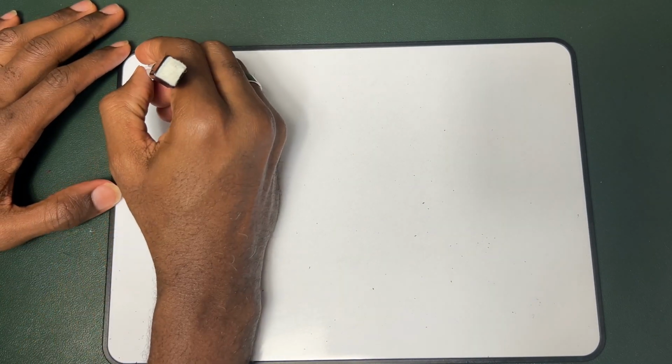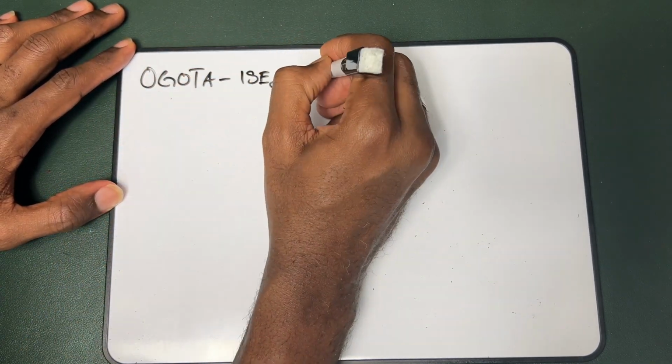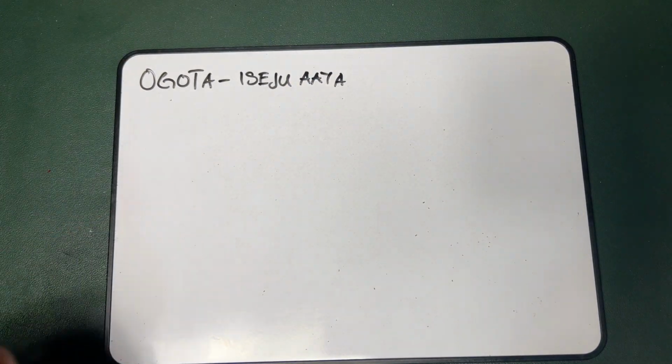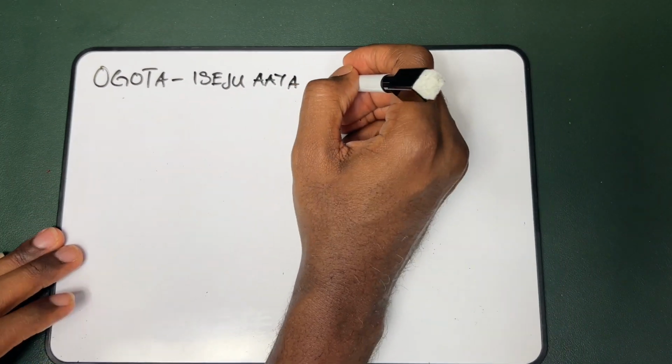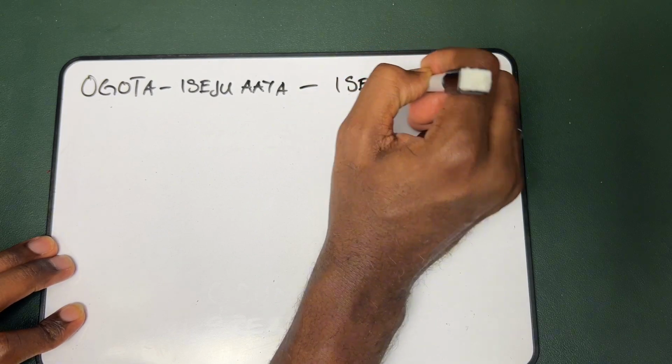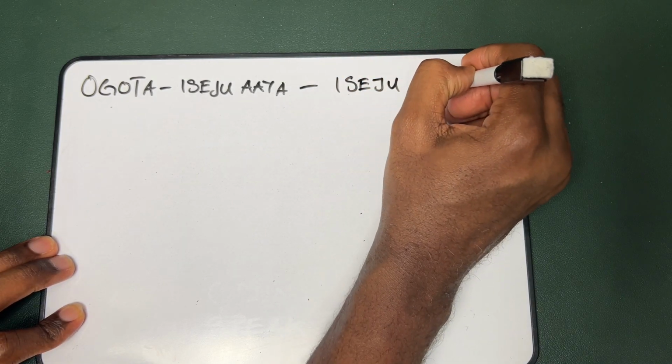So we have ọgọ́ta ìṣẹ́jú àáyá. That will give us 1 minute, ìṣẹ́jú kan.